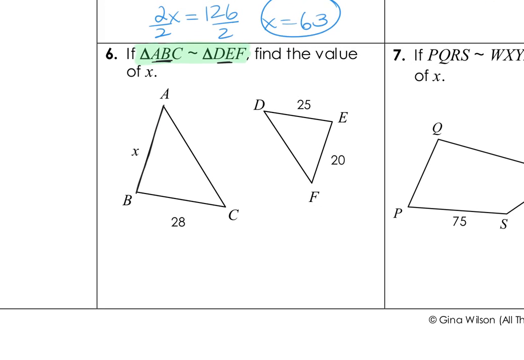So I can see that this A to B is x, D to E is 25. That's where I'm starting, x over 25. And I'm going to set that up to the other side that I have. I know side BC is 28, and that's got to match up with side EF, which is 20. That's my proportion.